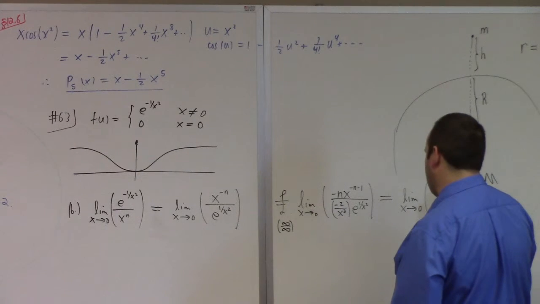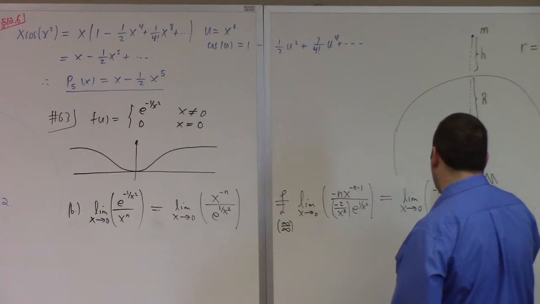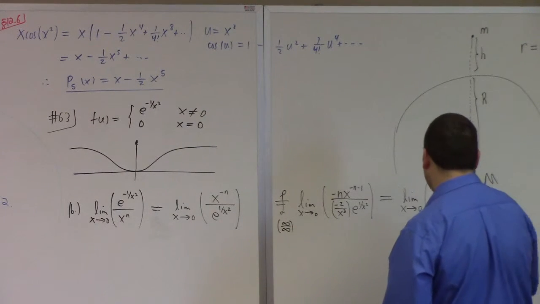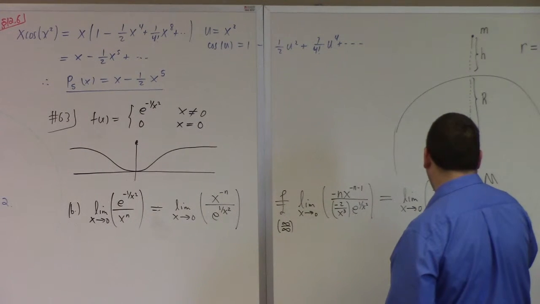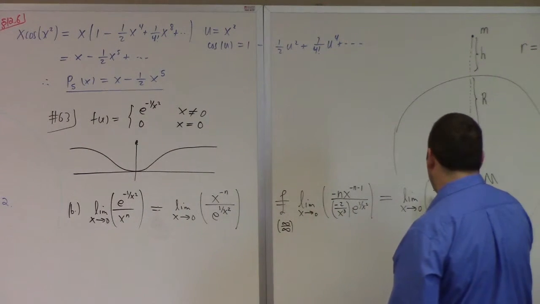So that's what? Minus n, x to the power what? Minus n plus 2? Divided by minus 2e to the 1 over x squared in my current setup.